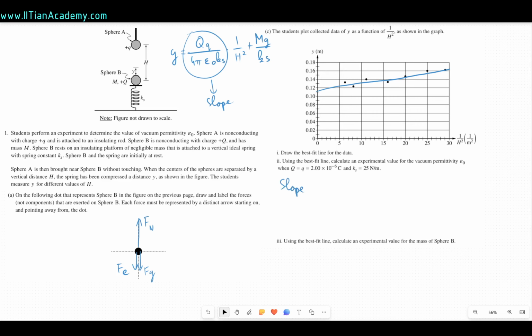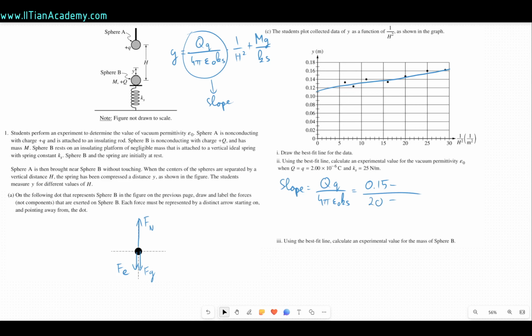So that's our slope. What we need to do is just rearrange for the slope. So the slope is equal to, like this, 4 pi e0 ks. And so we need to determine a value for the slope. We have to pick 2 points. So perhaps one of them will be 0.15, where the 1 over h squared is approximately 20.